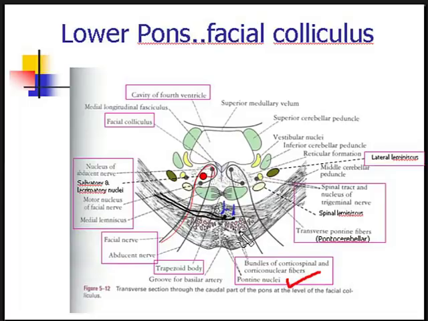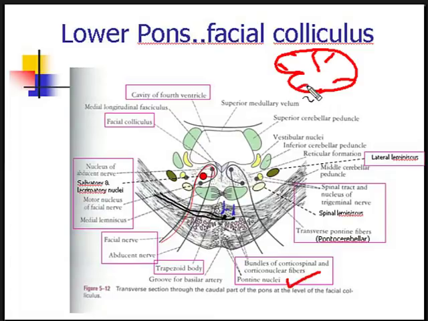And what happens is that fibers from different parts of the brain, fibers which do not contribute to the corticospinal tract, come down. There are fibers coming from the frontal lobe, the parietal, the occipital, and the temporal.